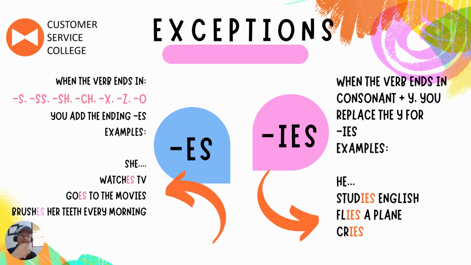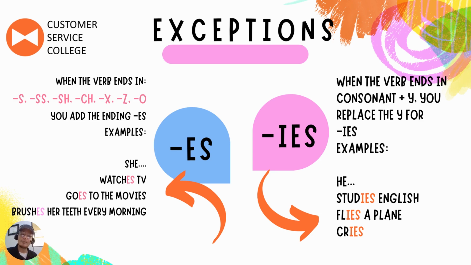When the verb ends in S, double S, SH, CH, X, Z, or O, you add an ES to third person affirmative verbs. For example, she watches TV. I add ES because the verb watch ends in CH.